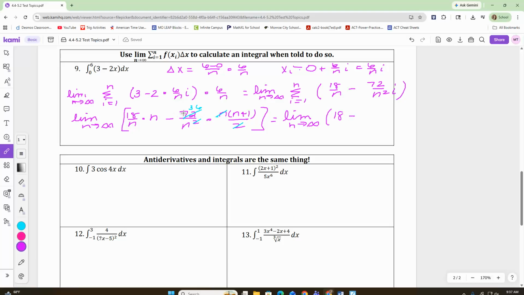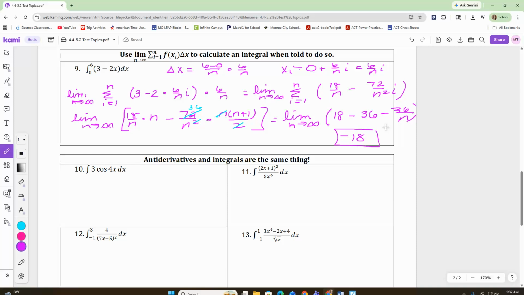So I get 18 minus 36n over n, so minus 36 over n. So 18 minus 36 is negative 18. Okay, so there will be one of those on here.